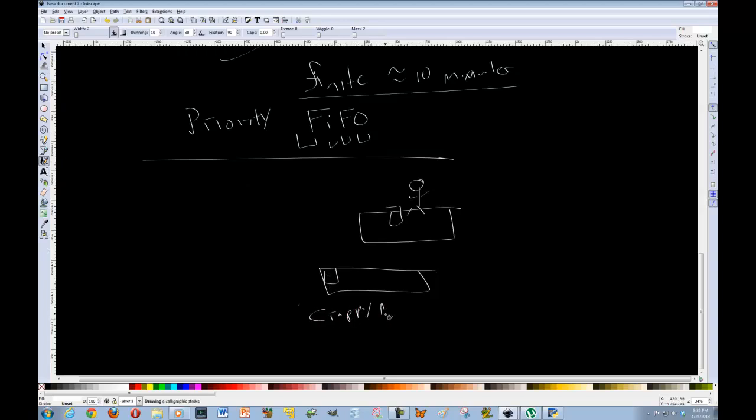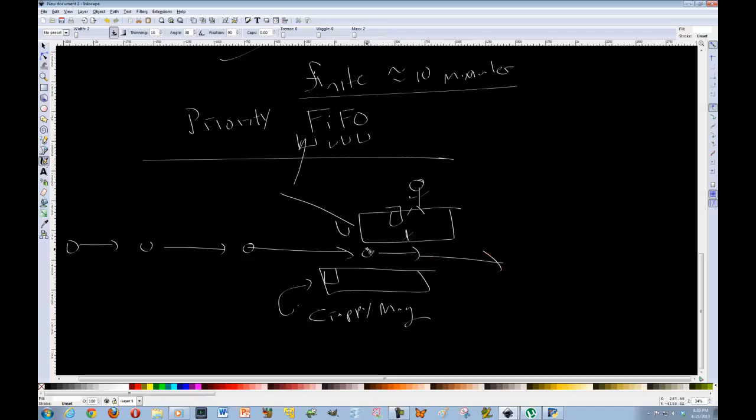And how this works is people come into the line, and the first person who came into the line is the person who gets checked out, and then he or she leaves. Then the next person, then the next person, and so forth. So that's how FIFO works.